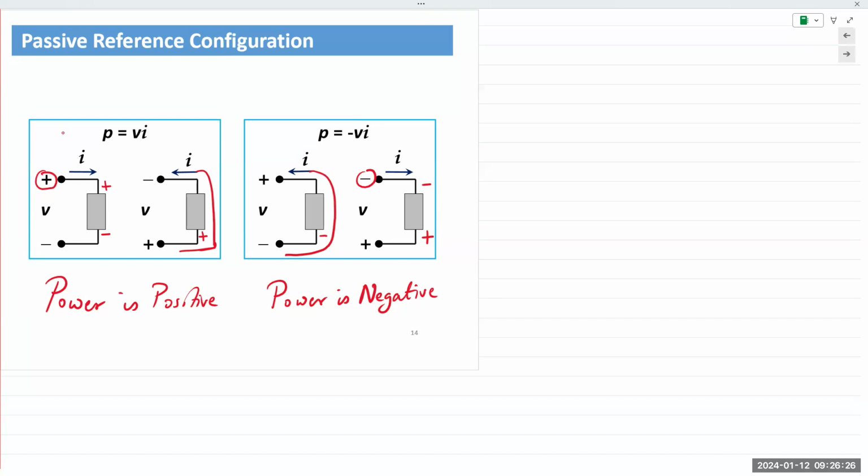That's all it means. And again, when you solve problems, if you end up with a number that is negative, it does not mean that your answer is incorrect. It would simply mean that your assumption that you made at the beginning of the problem would be flipped. That's all. As long as the numerical value is the same, you would still get full credit.